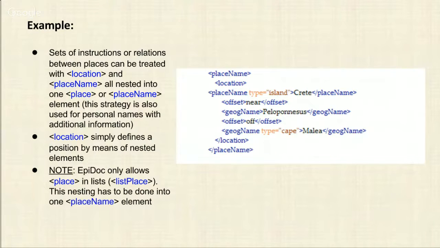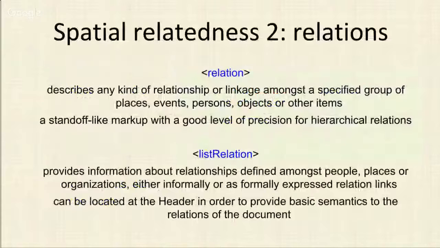The second strategy is the use of the element relation, which describes a kind of relationship or linkage amongst a specified group of places, or also events or persons or objects. So it's a very, very general element, which also has some kind of standoff-like flavor, and you will see why. Essentially, the relation has to be used within the element which is called listRelation.